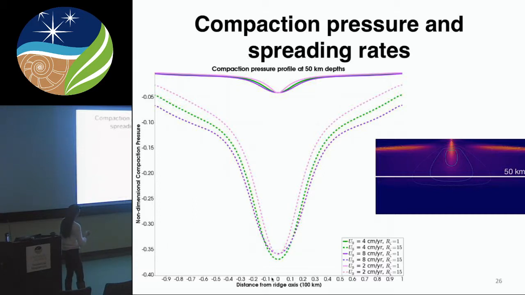And so the solid lines here are the compaction pressure gradient taken at 50 kilometers across all the different models. So the solid lines are for the ones with lower bulk viscosity constant, so the set that was on the left. And then these dashed lines are for the set on the right with higher bulk viscosity constants.